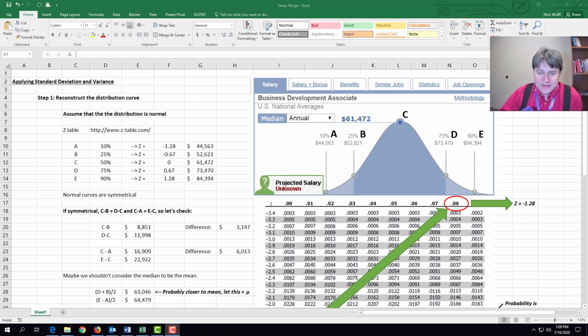I've marked them on that chart A, B, C, D, and E. And next to it, I have put them in a table, and I have back calculated the Z value, which corresponds to a statistical location along a normal distribution curve.